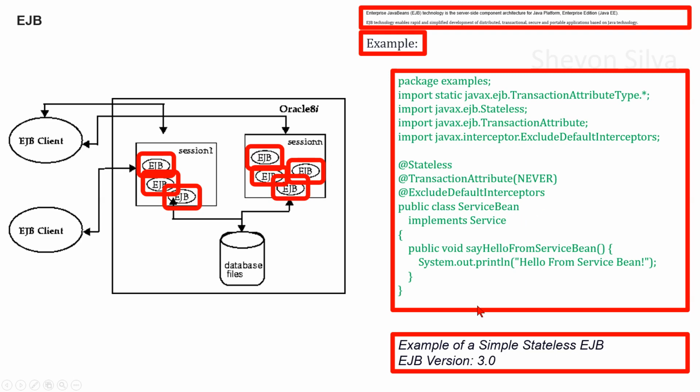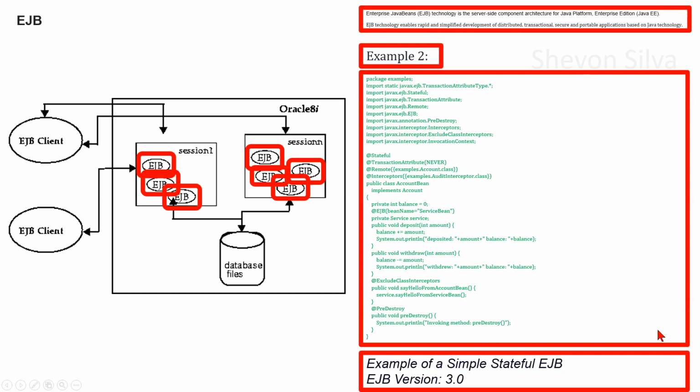Here you can see an example of a simple stateful EJB, as example 2. This is in EJB version 3.0. Here we use standard import statements to import the metadata annotations you use in the bean file.